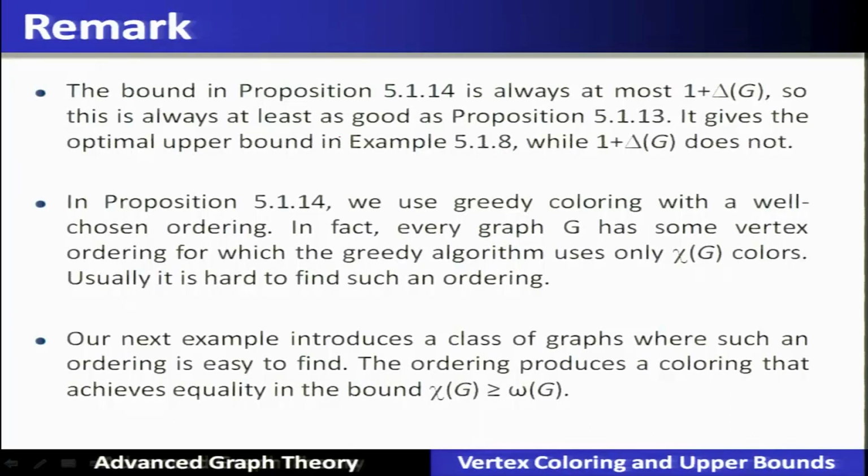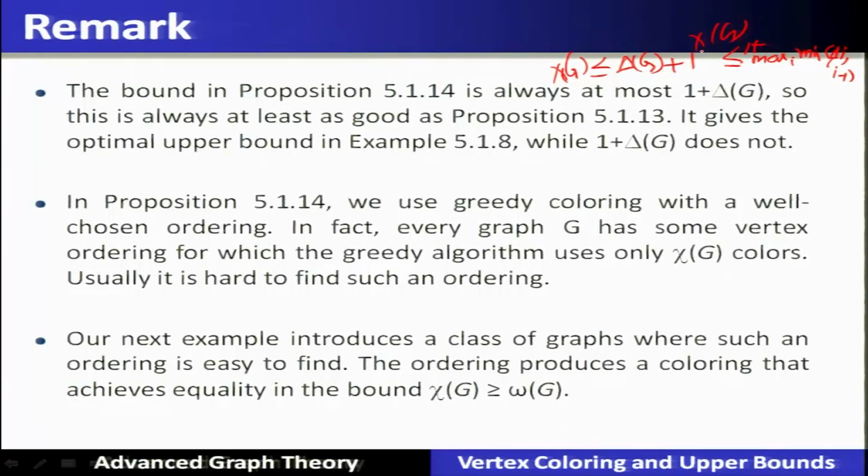Now, let us see the remarks on these two discussions. First, we obtained a greedy coloring whose bound was big delta G plus 1, and then we have seen the Welsh Powell where it is 1 plus max over i of min of di and i minus 1. So, the bound is always at most 1 plus the maximum degree of a graph.